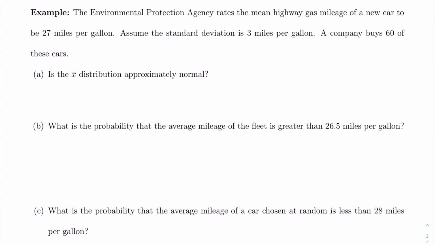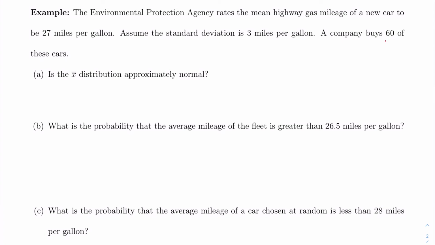The central limit theorem tells us that if your sample size is large enough, the X-bar distribution will appear normal. And again, in intro stats classes, we use n greater than or equal to 30 as the cutoff point. In this example, we're told that the mean gas mileage of a new car is 27 miles per gallon, and the standard deviation is 3 miles per gallon.